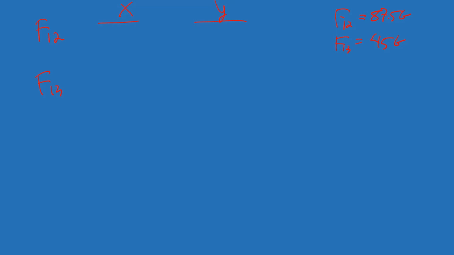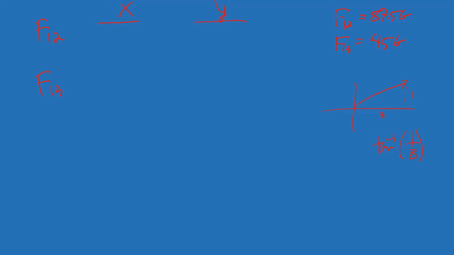For this guy, F12 was going at an angle of what? It was 3 and then 1, and so the angle would be the inverse tan of 1 over 3. Then we would have to figure out the x component of that, which would be simply the sine of that.